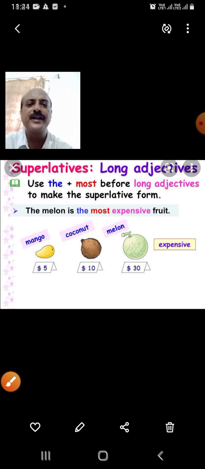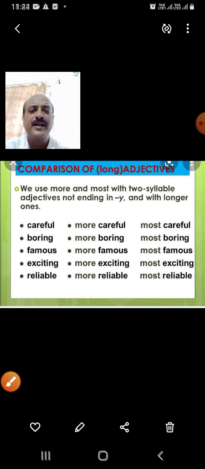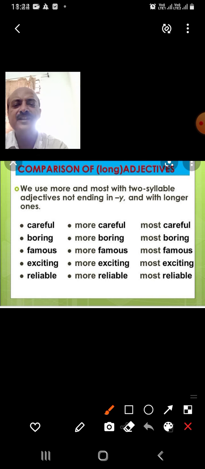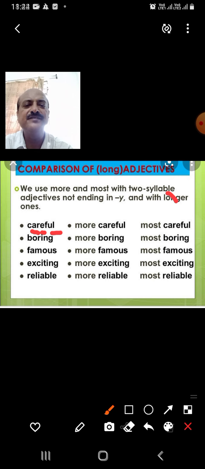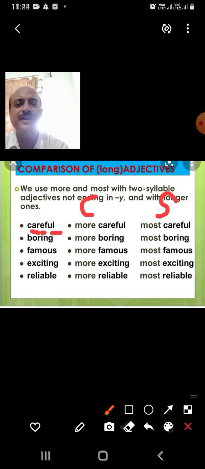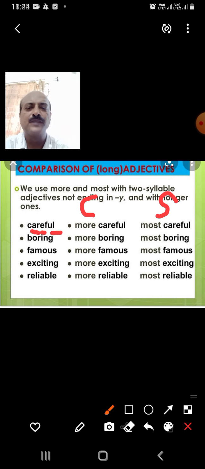Let us see some more examples. Careful: A, E, U. Here you can see there are three vowels. So in comparative we add more careful, and in superlative, most careful. Boring, more boring, most boring. Famous, more famous, most famous.